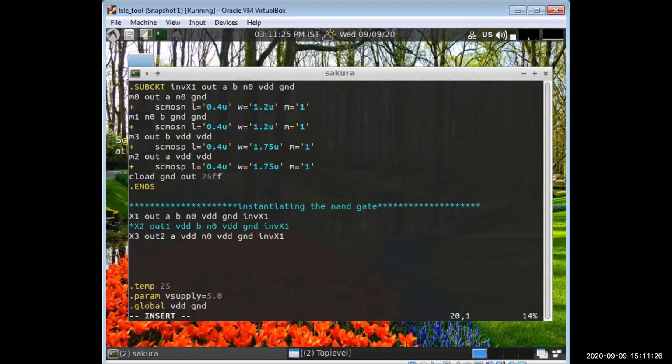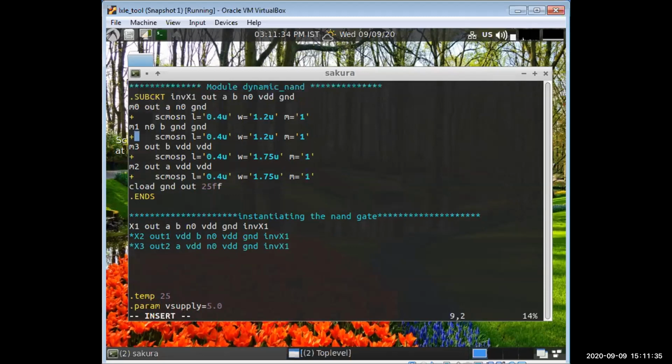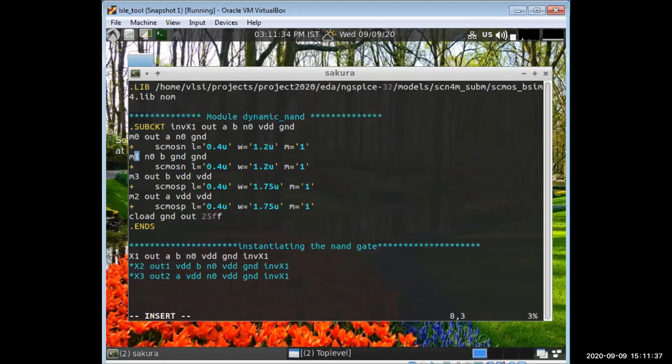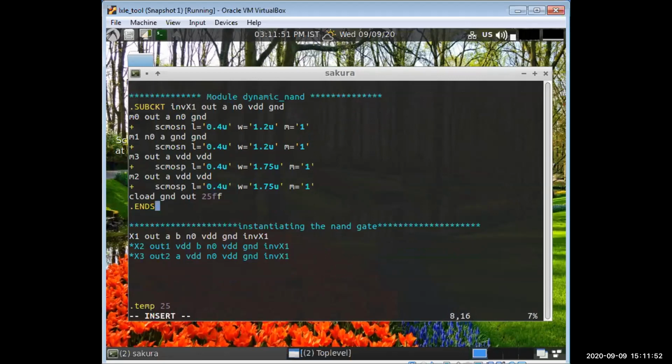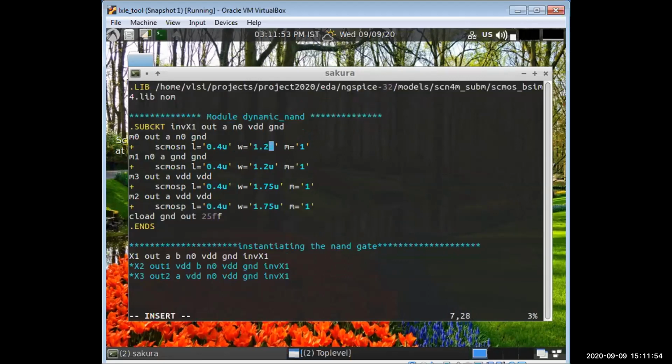So combining these two, I am showing you both the voltage sources the same. What I can do is show the voltage source same, and this is A, this is also A, this is A, and this is also A. There is no B node here, so let's remove it. Then the sizes, I will be keeping as 0.6, same sizes.